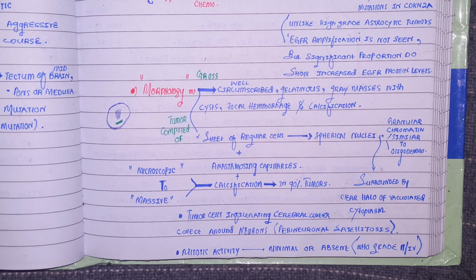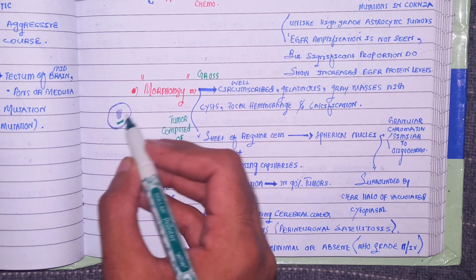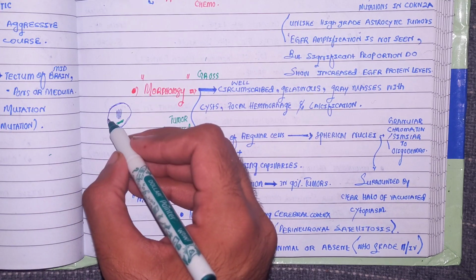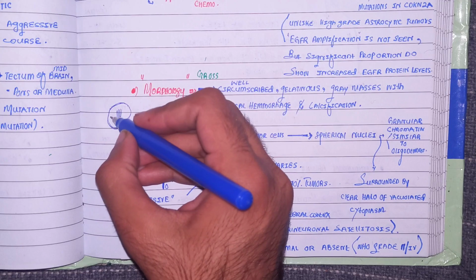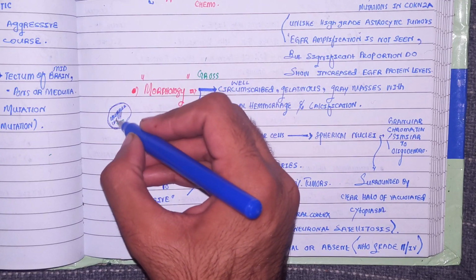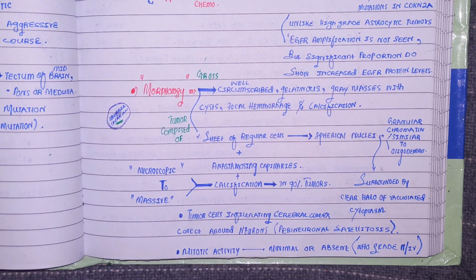And the tumor is composed of obviously tumor cells. The tumor cells, there is actually the sheet of the regular cells. Talking about the tumor cells, there is a sheet just like this, a sheet of the regular cells. This way, one sheet, another sheet. This is a sheet of the regular cells.